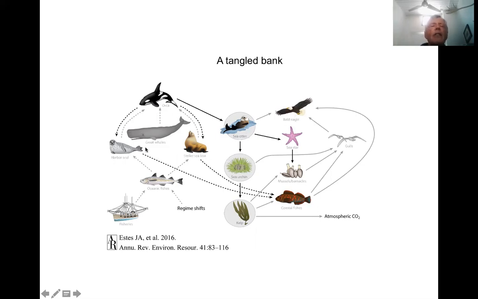And on the other side of it, it is influenced out in the pelagic zone of the North Pacific by things like industrial whaling, the effect that that had on another big predator in the system, and the influences that that has had on various other species, including the depleting effect on otters and the whole shift of the coastal ecosystem.